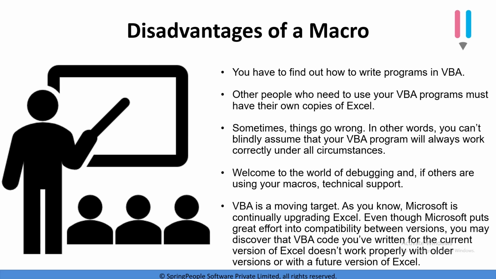One more thing is that when you work with VBA, you should have Excel on the target systems as well. And there is no guarantee, it's an automation tool. It is software. So when we can make mistakes, it can fail as well. So we have to be very clear about what we are writing.